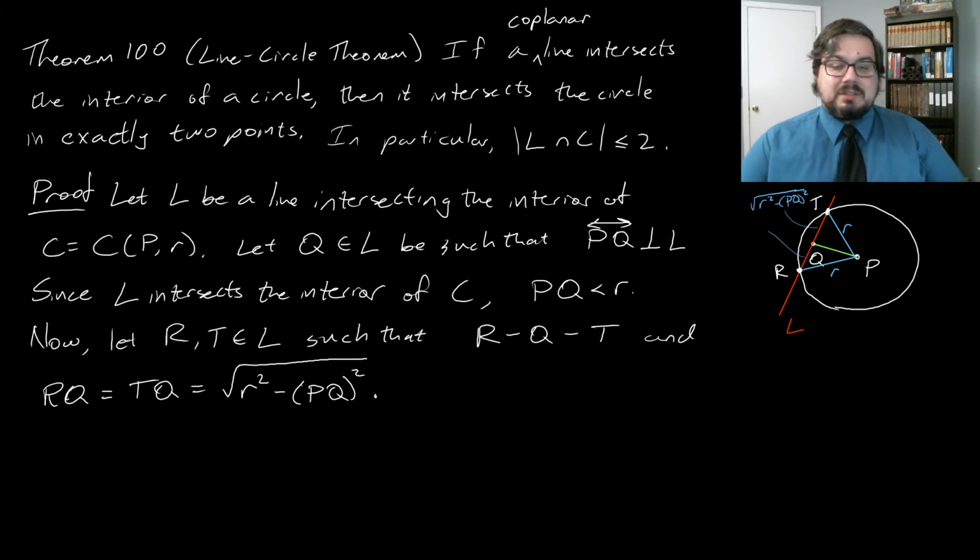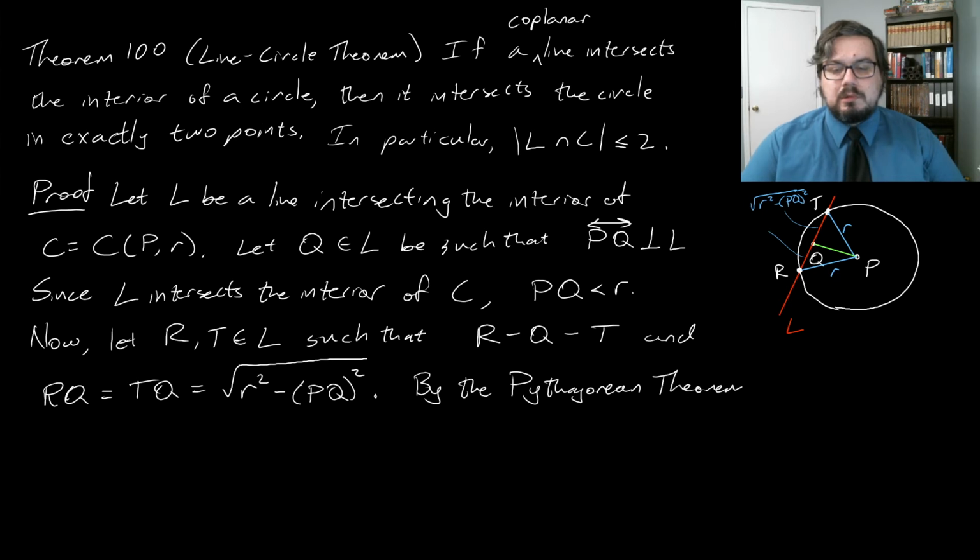So it remains to show that these points R and T that we've constructed actually do lie on the circle C. The only way we have of showing that a point lies on the circle is by showing that it sits the appropriate distance away from the center. So now, by the Pythagorean theorem, we have that the distance from P to T squared is equal to, so the distance from P to T is the hypotenuse of the right triangle PQT.